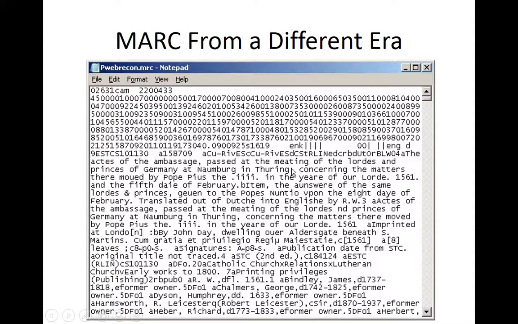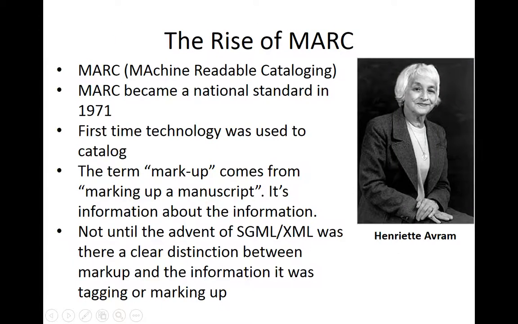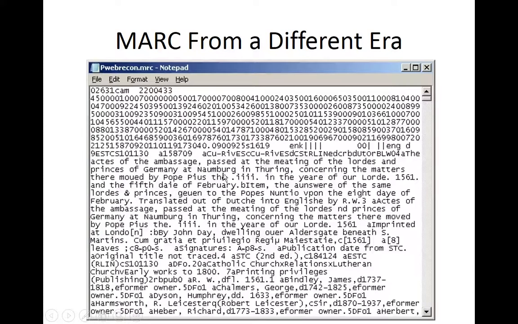Here's a MARC file. Again, this is a metadata record, but the distinction between what is markup and information is not clear, as you can see in this. You really need a computer to read all this basically unreadable code.